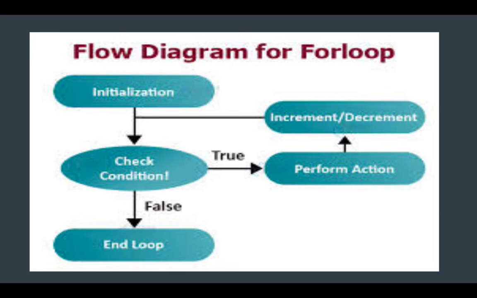So let's look at some examples here. Here we have a flow diagram for a loop. You initialize some variables up here. This would be where you type int number equals 0, and then you check the condition. Is i greater than or equal to 10?